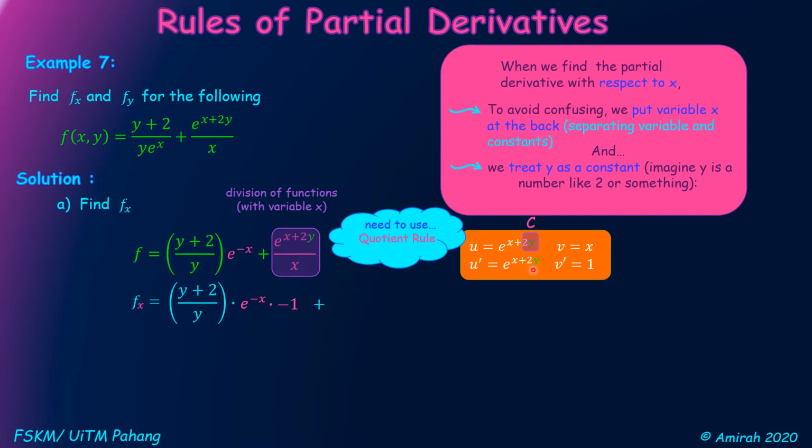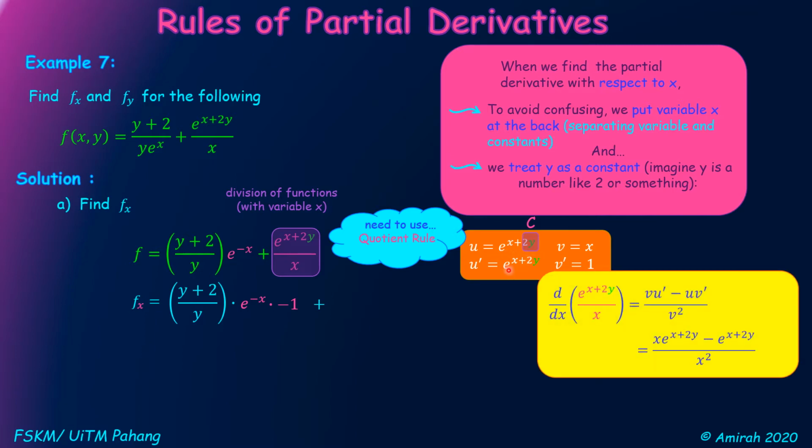And then we need to differentiate the exponent. Differentiating x plus 4 gives 1, times 1, no need to write. That's why when we differentiate e to the power of x plus 2y, we get e to the power of x plus 2y. Then we differentiate x with respect to x, so we get 1 here.